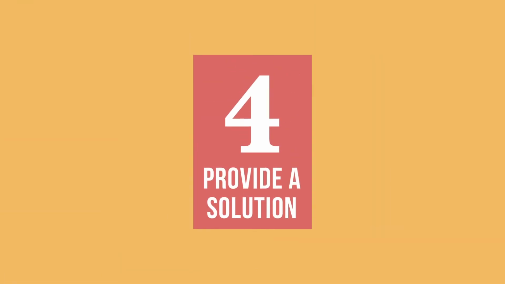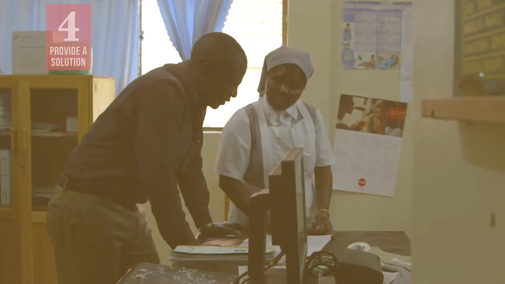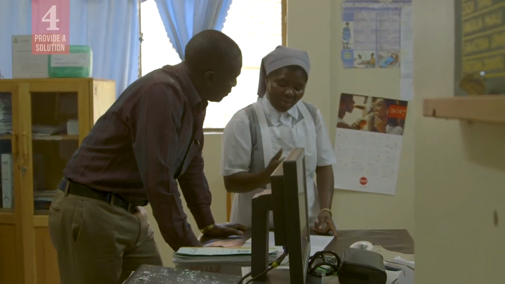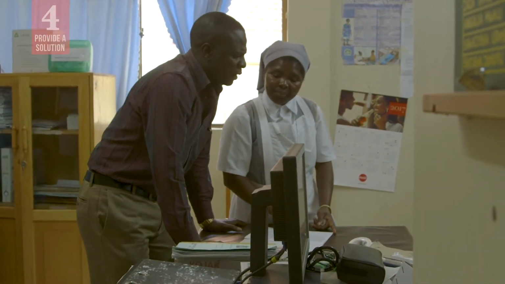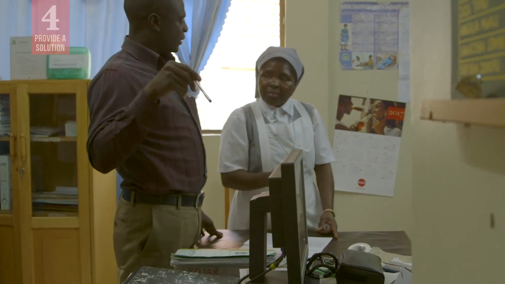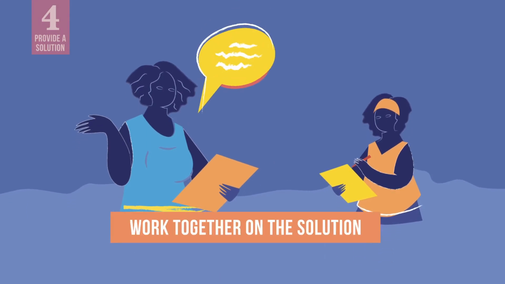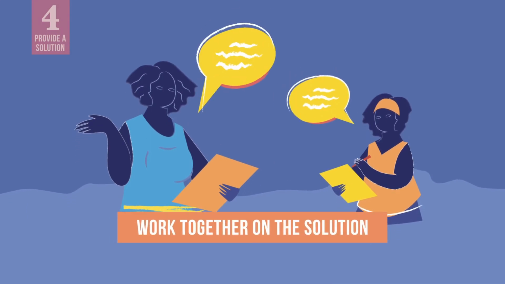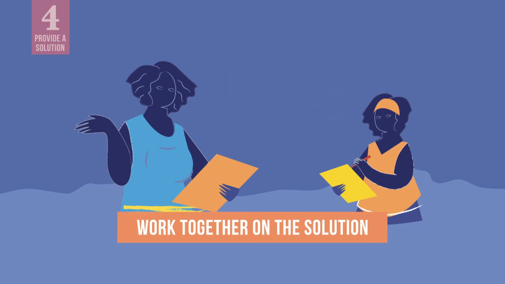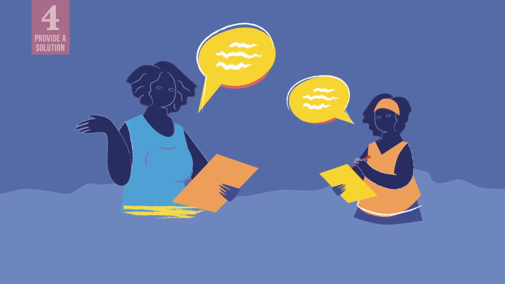Next, provide a solution. If you identify a mistake, do not just focus on the problem, offer a clear solution. What should they do differently? When possible, work together on the solution. When health workers are part of the solution, they are more likely to carry it out.